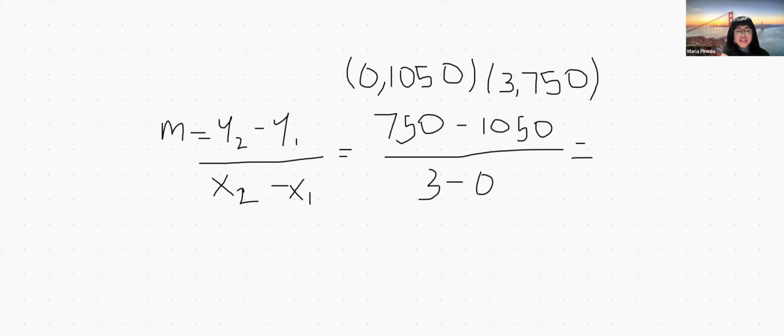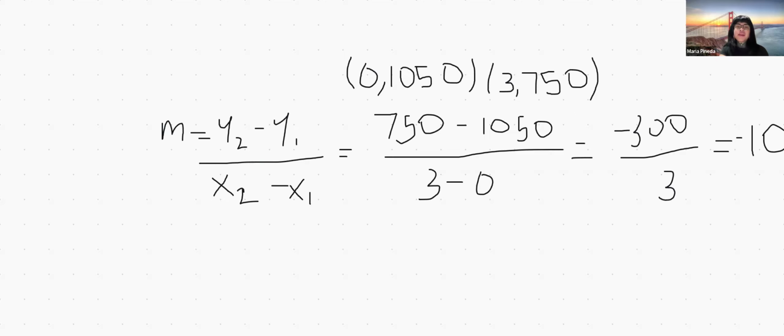So you would calculate that, and this would be negative 300 over 3 equals negative 100.